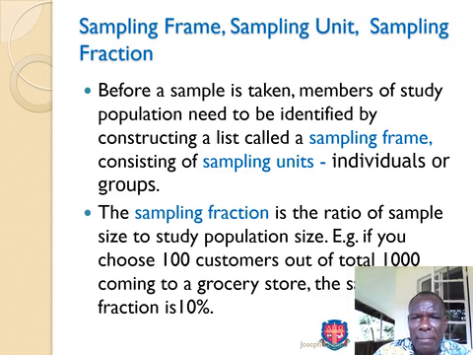This frame consists of sampling units, which are individuals or groups. The sampling fraction, therefore, is the ratio of the sample size to the study population size. For example, if you choose 100 customers out of a total of 1,000 coming from a grocery store, then the sampling fraction is 10%.